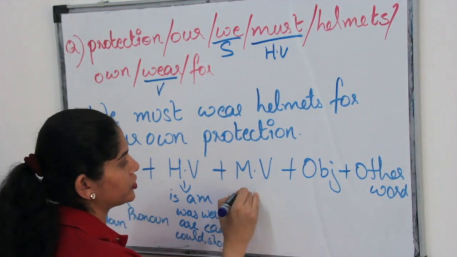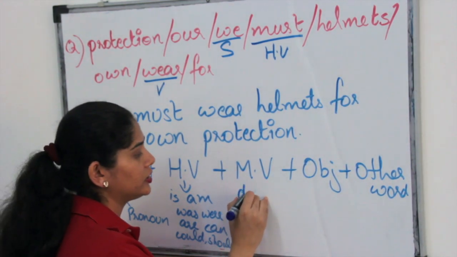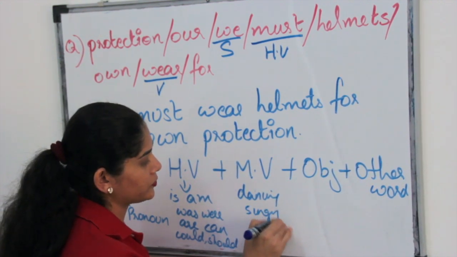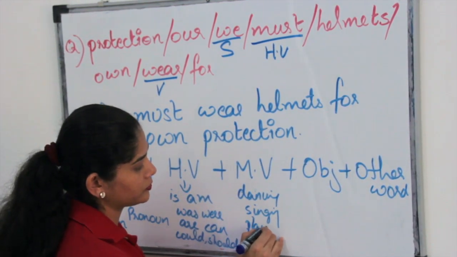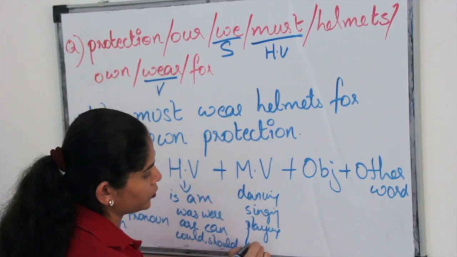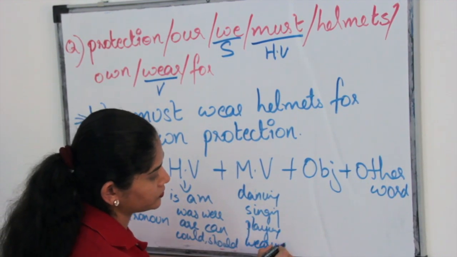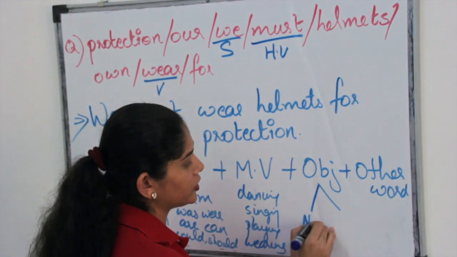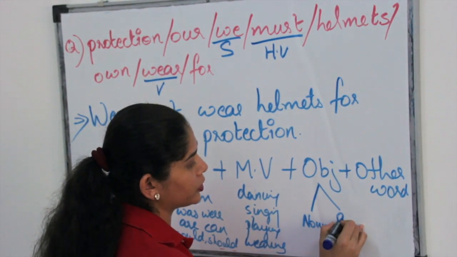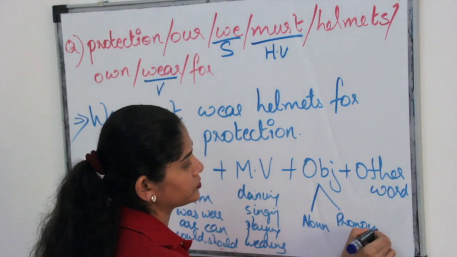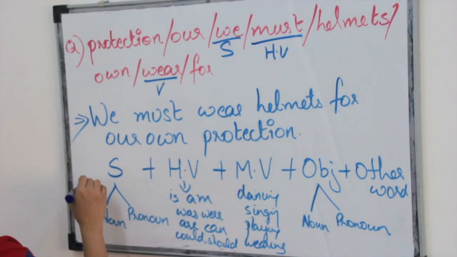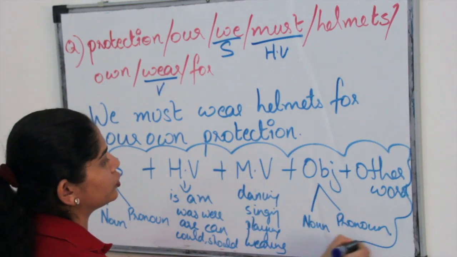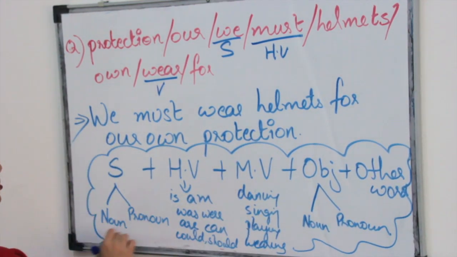What are main verbs? Action words, basically dancing, singing, playing, wearing, like that. The object can also be a noun or pronoun.